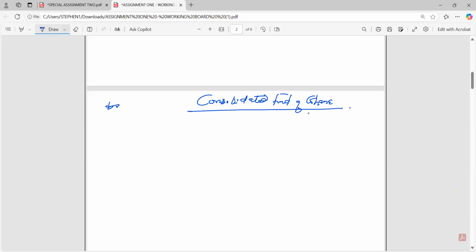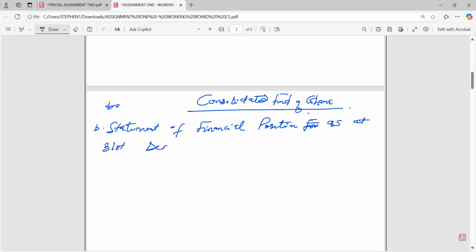So write statement of financial position as at 31st December 2022.